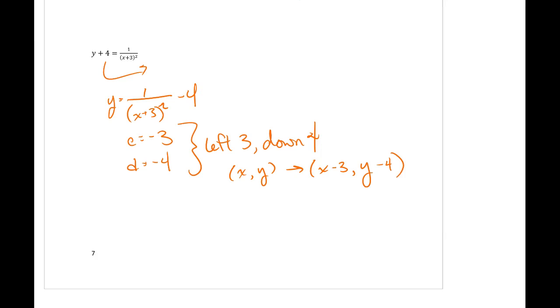How does that affect my asymptotes? Well, now it's going to impact both my asymptotes. I've shifted horizontally, so that vertical asymptote is now going to be at x equals negative 3 instead of 0. And that horizontal asymptote is going to be at y equals negative 4.